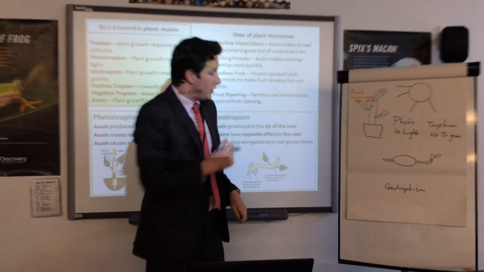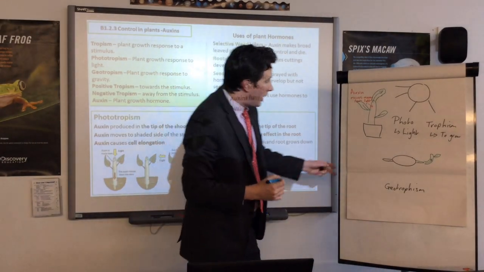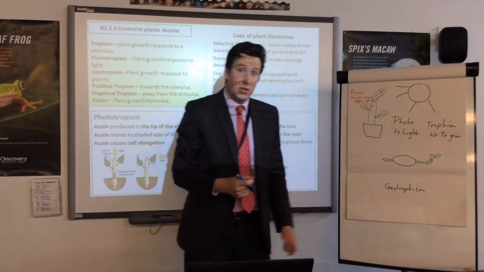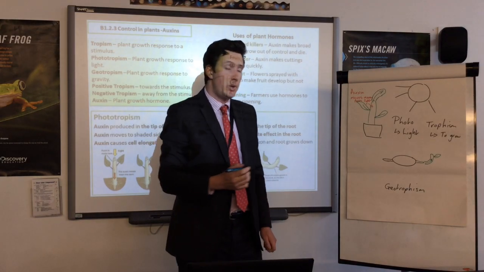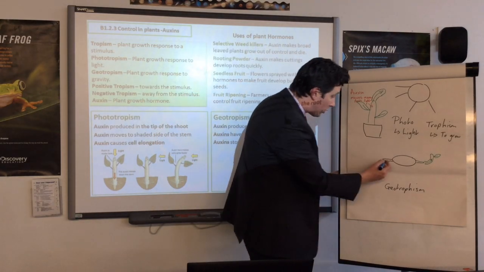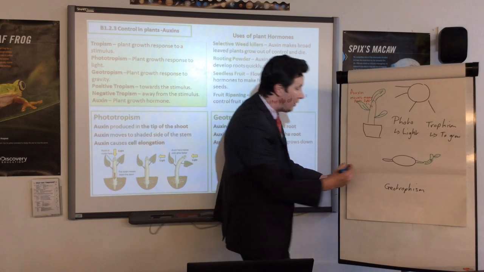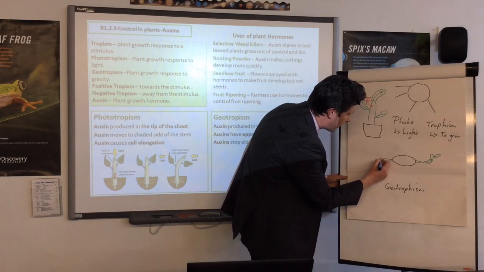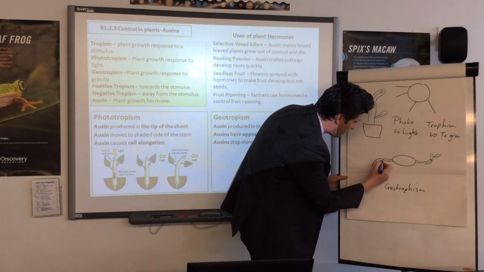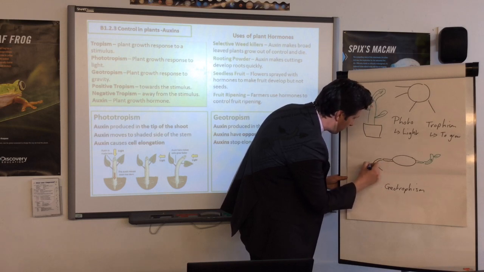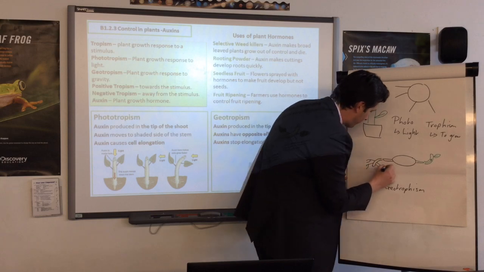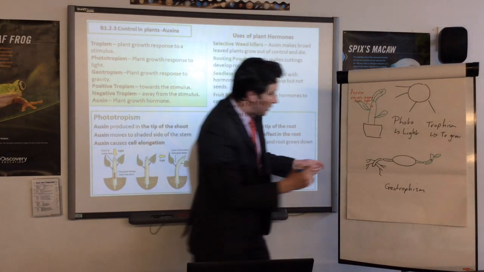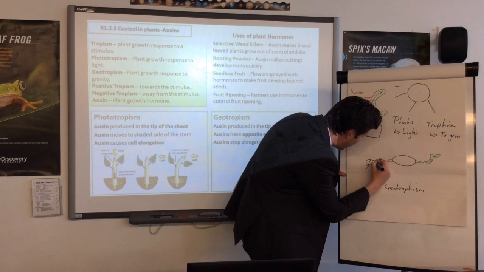Whereas in the roots, auxin actually causes the root's growth to slow down. Okay? And because it causes the root to slow down its growth, it actually means the top grows faster, and again, it then grows downwards. Okay? And starts putting out little roots. Okay? So the growth of there is downwards.